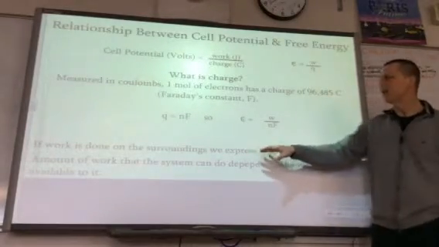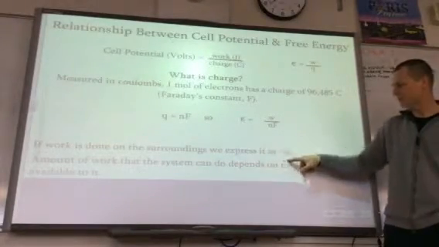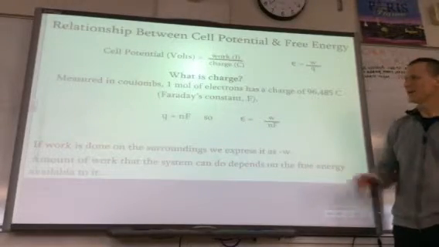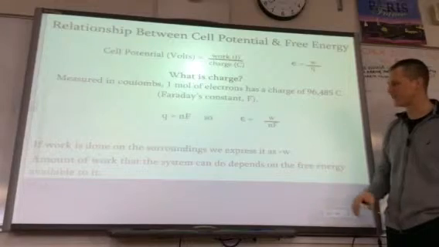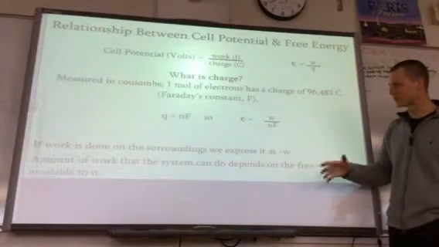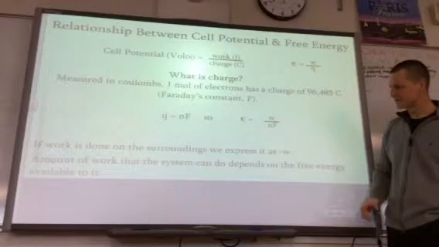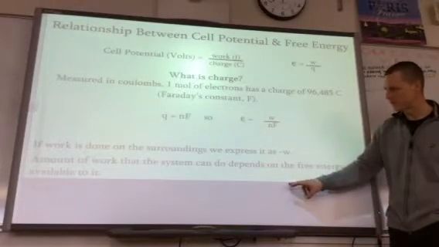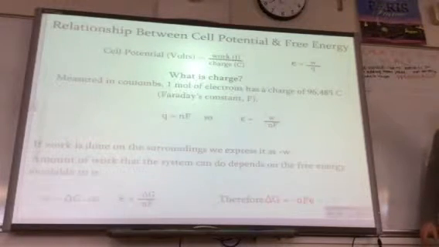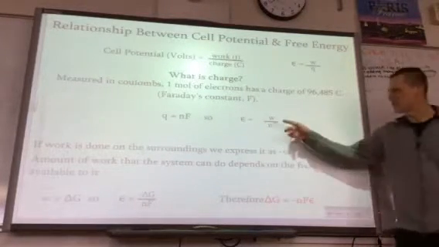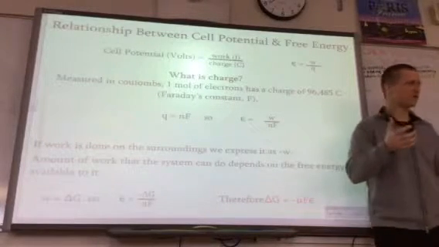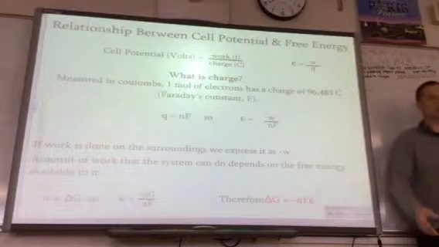So when work is done on the surroundings, it's identified as negative W. I'm just telling you all this to show you how we get the equation that we're going to end up with. So the amount of work that the system can do is really equal to the delta G term. So when I unveil that bottom line, I'm replacing work with delta G, but it's going to be a negative delta G because it's how much work can be done on the surroundings.